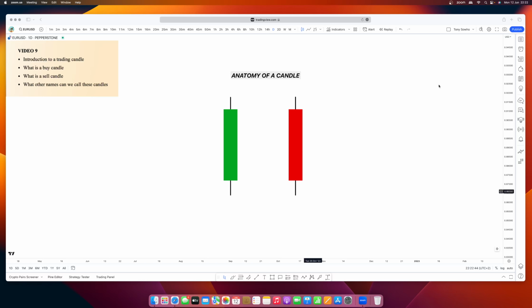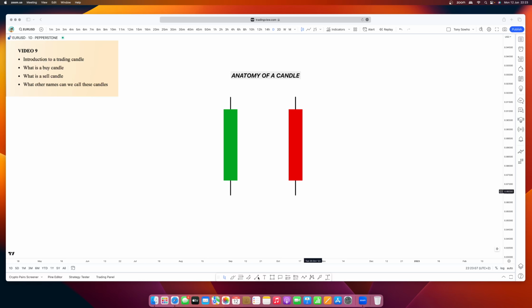Now on the chart, you can also see that in as much as this is a green candle and this is a red candle, they also have these things we call wicks. In a normal candle, you call this the wool, but in the trading charts, these lines you see up and down are what we call the wicks.